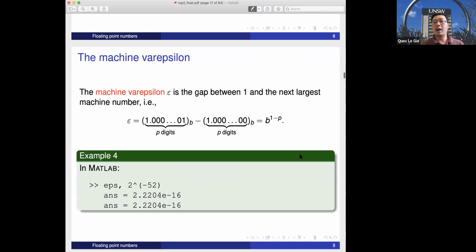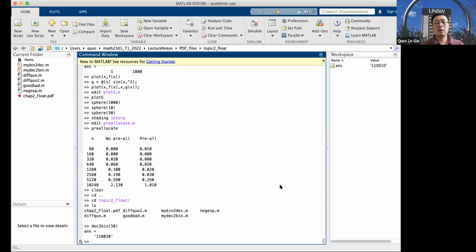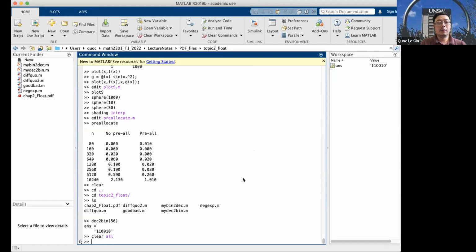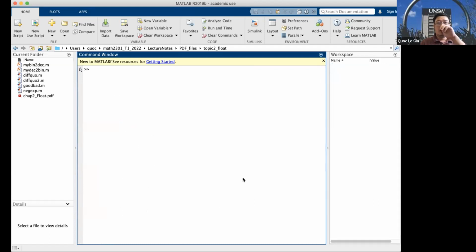So now if I go to MATLAB, I will show you what I'm talking about here. Okay, so now this is my MATLAB. In MATLAB you can have epsilon.